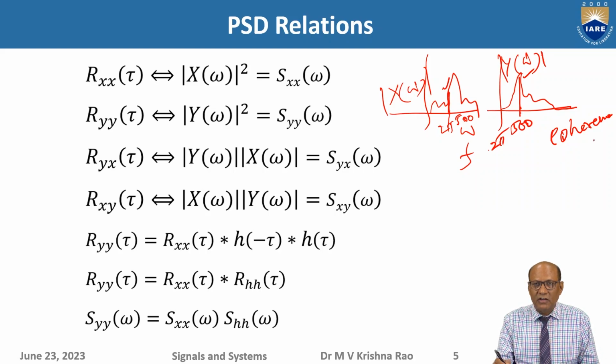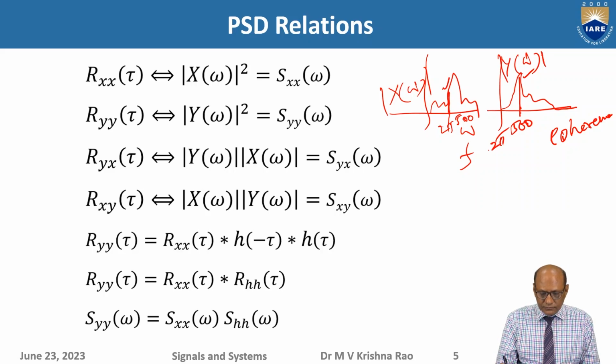Coherence finds several applications in ECG classification, signal classification, and everywhere wherever you are using the auto or cross correlation function for signal detection, signal estimation, and sometimes, very rarely, signal identification. So that is where coherence finds applications.